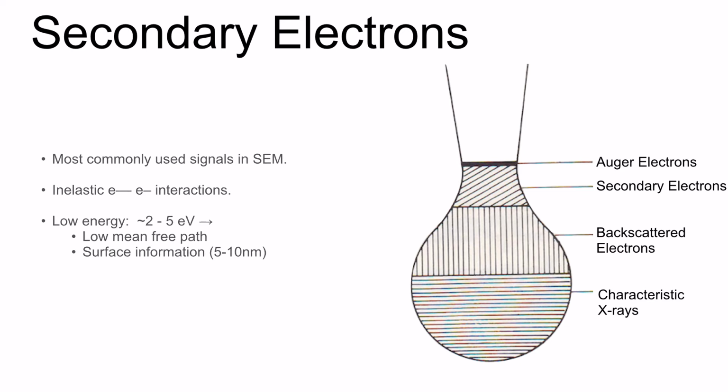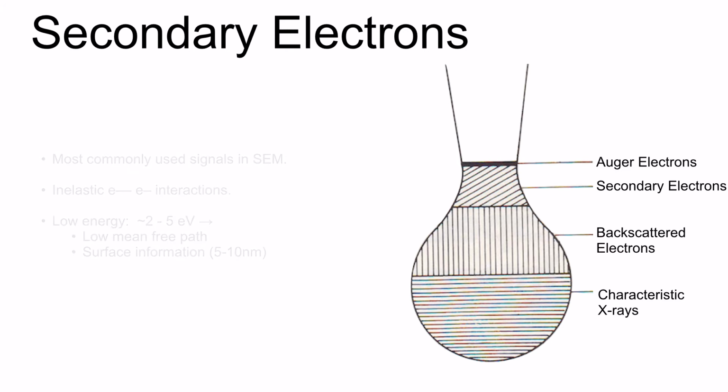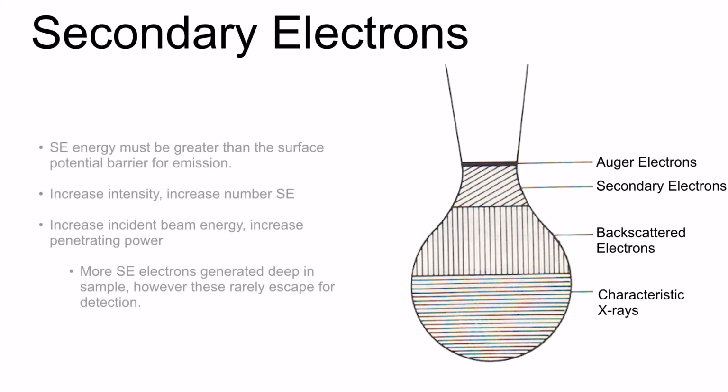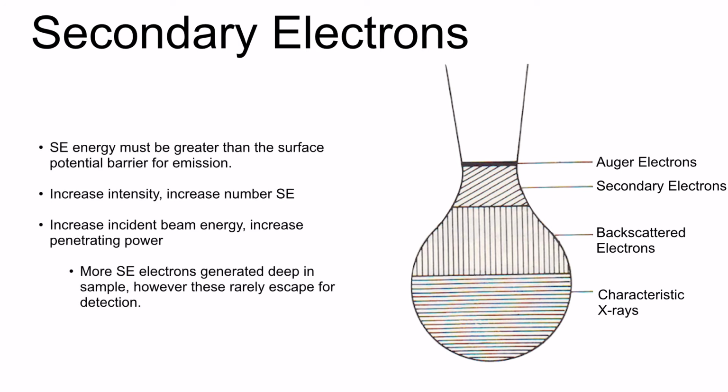In order for secondary electrons to be emitted and detected by a scintillator, they must have sufficient energy to overcome the surface potential barrier. Each of the high-energy incident electrons that collides with the sample surface produces a shower of these secondary electrons. The number of secondary electrons generated is proportional to the intensity of the incident electron beam.